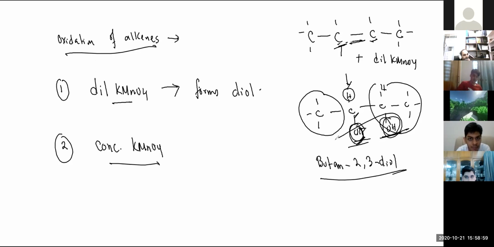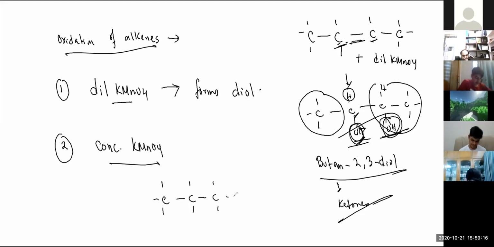So if you oxidize a secondary alcohol, what will you get? You haven't studied this yet. You'll get a ketone. And let me show you another thing: instead, if you had an OH here and an OH here, what type of OH is this carbon?